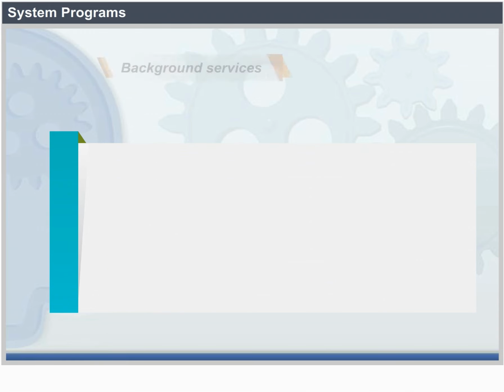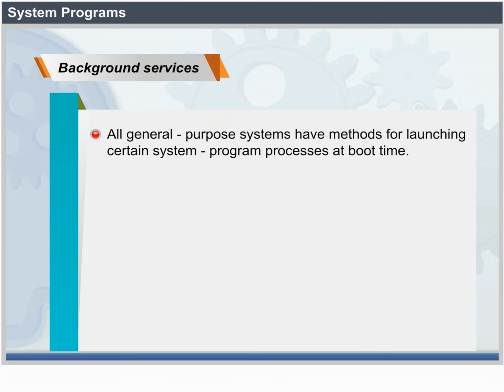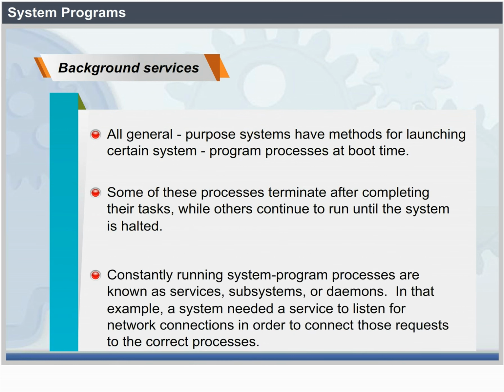All general-purpose systems have methods for launching certain system program processes at boot time. Some of these processes terminate after completing their tasks, while others continue to run until the system is halted. Constantly running system program processes are known as services, subsystems, or daemons. In that example, a system needed a service to listen for network connections in order to connect those requests to the correct processes.